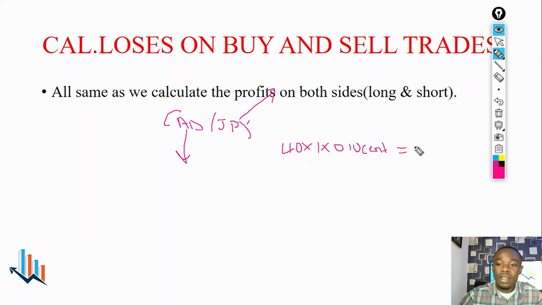So with this, we lost 4 USD. We are down 4 USD based on the number of pips we captured and the lot size we used to trade this pair.